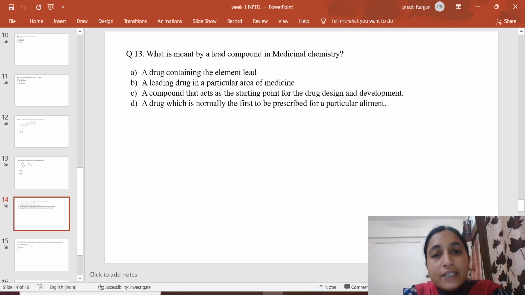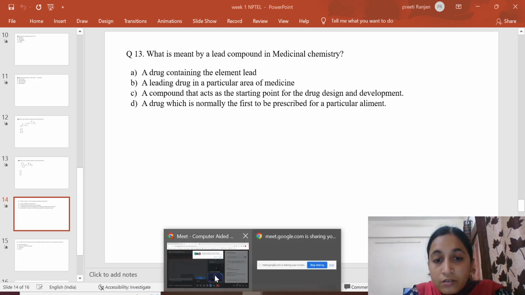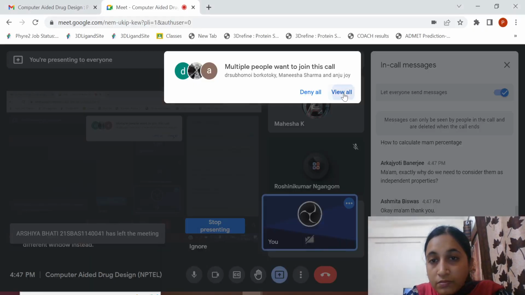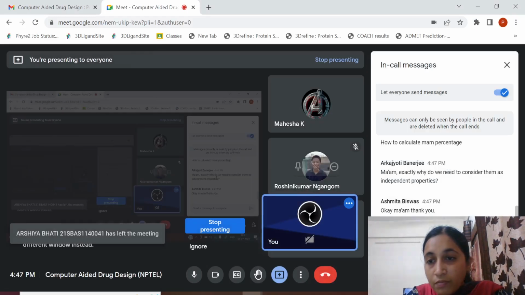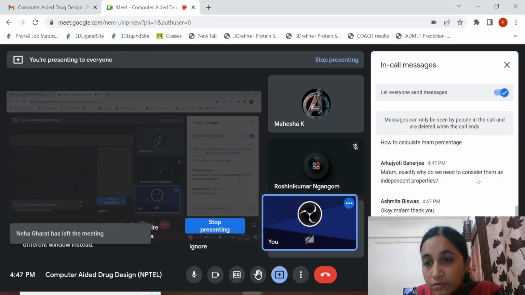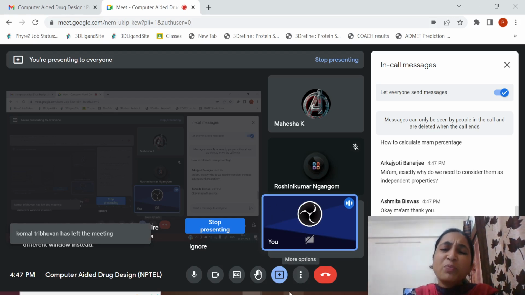Then only we can start drug design and development. So any compound that acts as the starting point for drug design and development would be the lead compound in medicinal chemistry. These are all independent properties only, na?